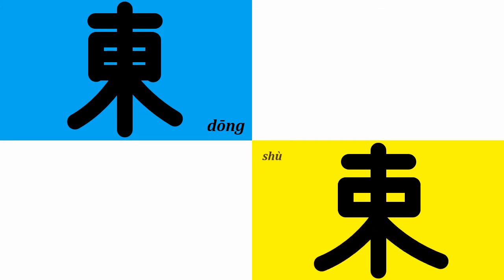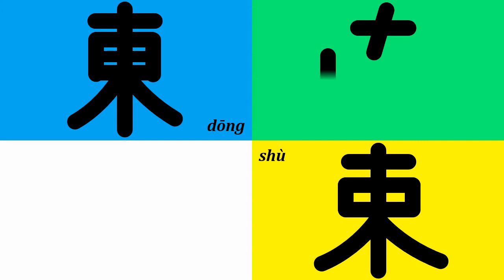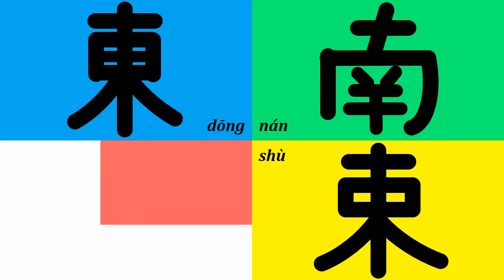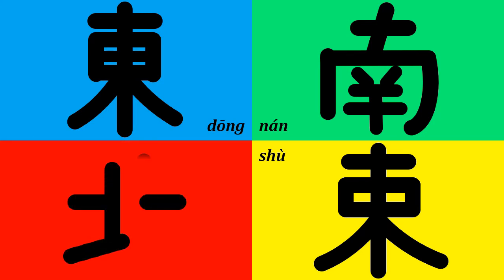Here is our color chart with today's 6 characters and their correct stroke order. 东, 南, 北, 西, and 中.